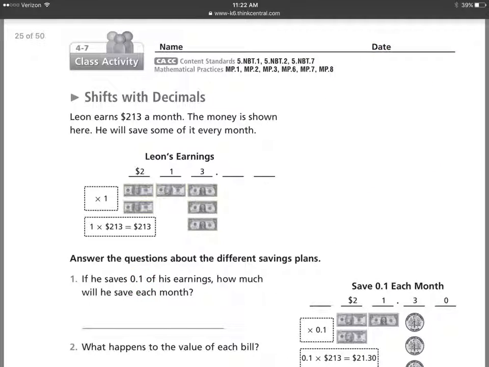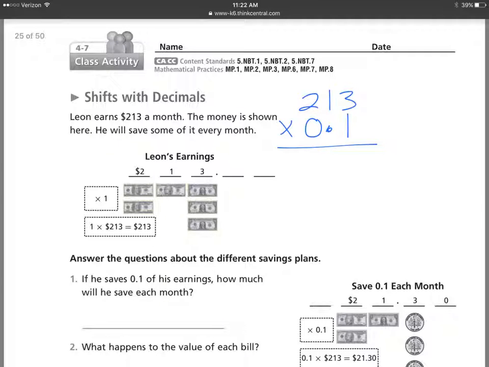Now, to do it as a decimal multiplication problem, we would take our 213 and multiply it by 1/10. You could put a 0 in front of that if you like. We're going to ignore that 0. Now, if you're looking at this, you should already recognize two things.